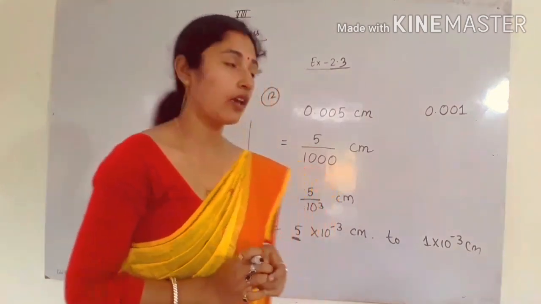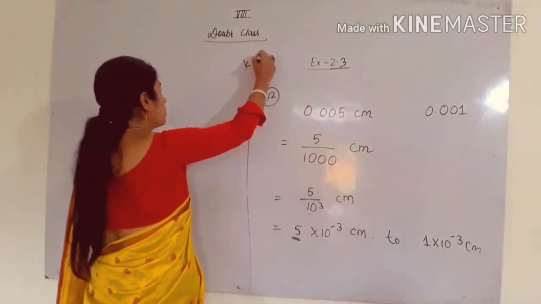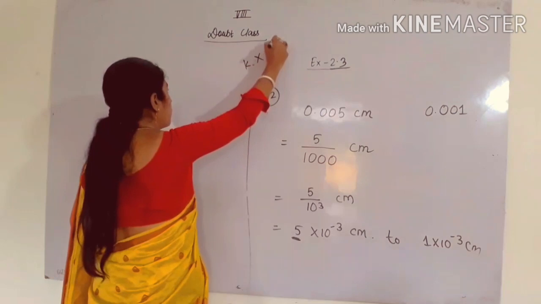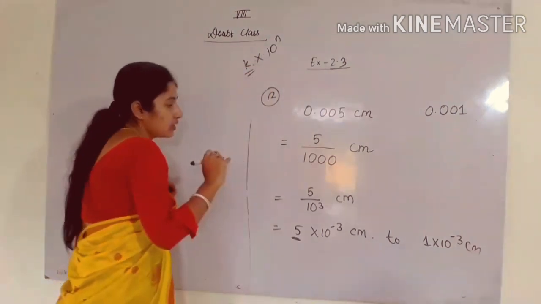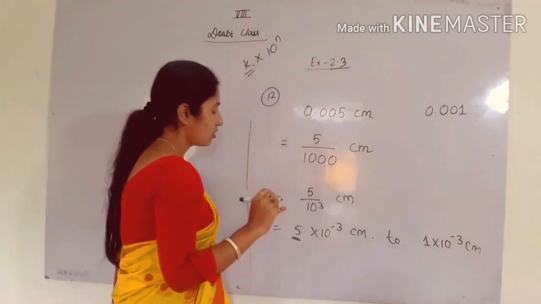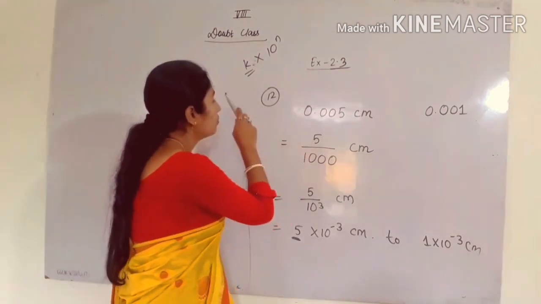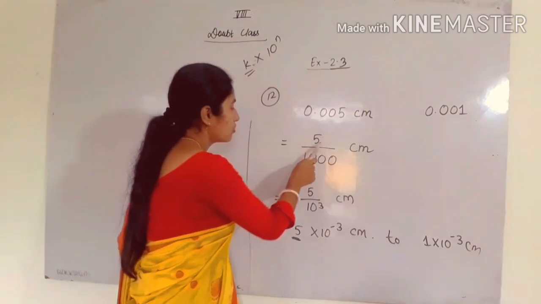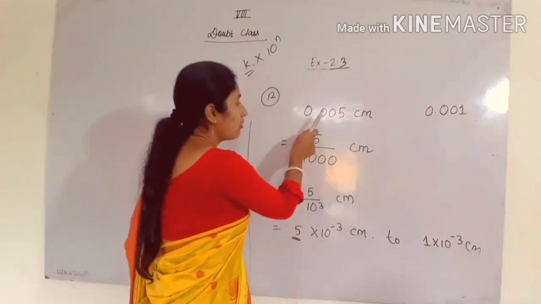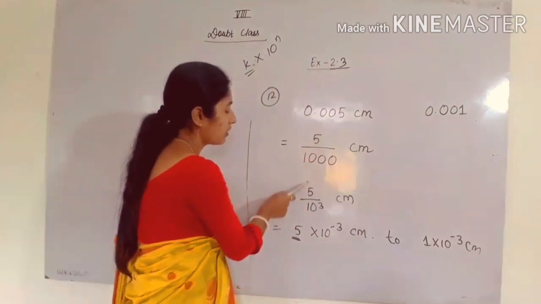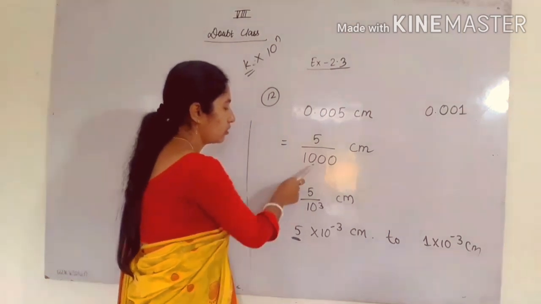The standard form is k into 10 to the power n. So the value of k is greater than 0 and less than 10. Here, see, the first value you take should be between 0 and 10. So we have 5. First of all, we write it in fractions. We can write 5 by 1000, then 5 by 10 cube. 10 cube is 1000.